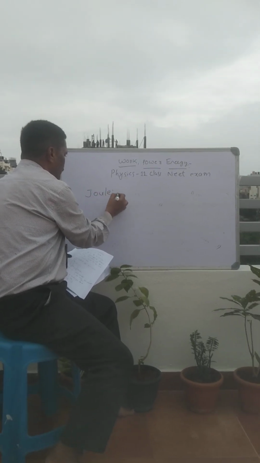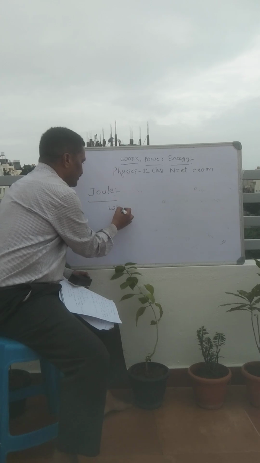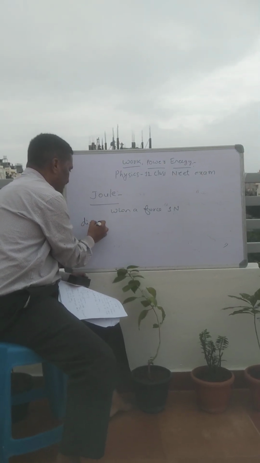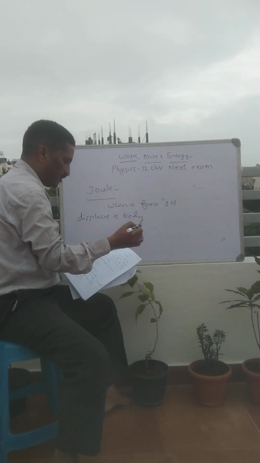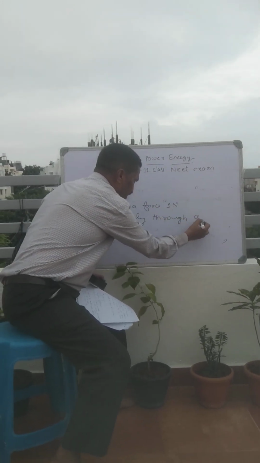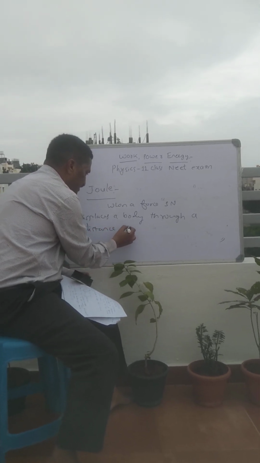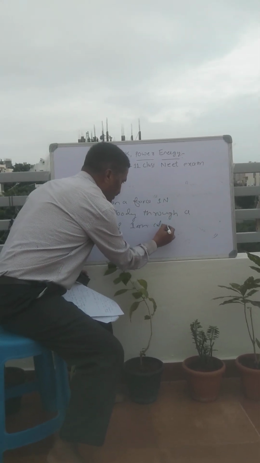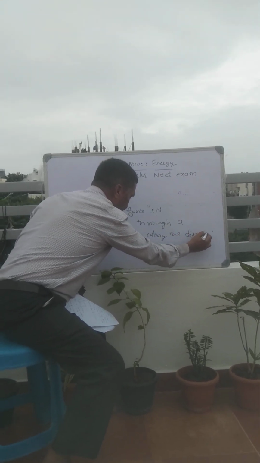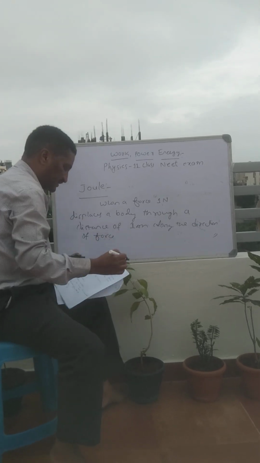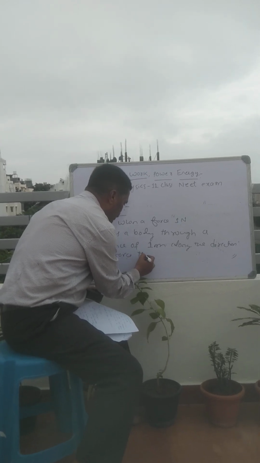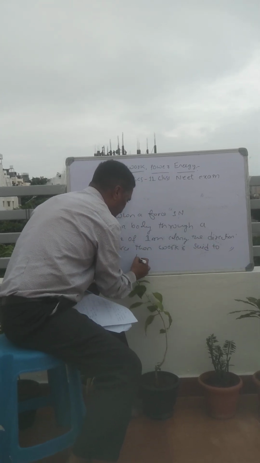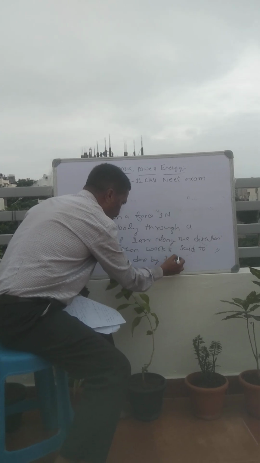Joule, very simple: when a force of 1 Newton displaces a body through a distance of 1 meter along the direction of force, then work is said to be done by 1 joule. So this is how you can define 1 joule.